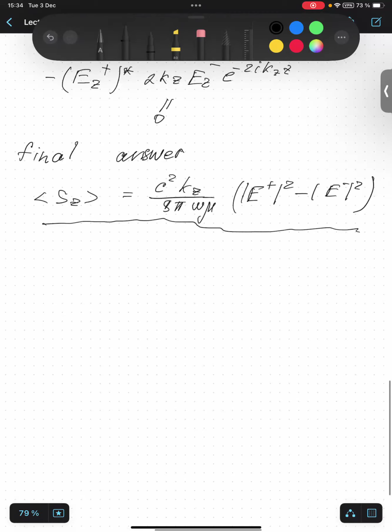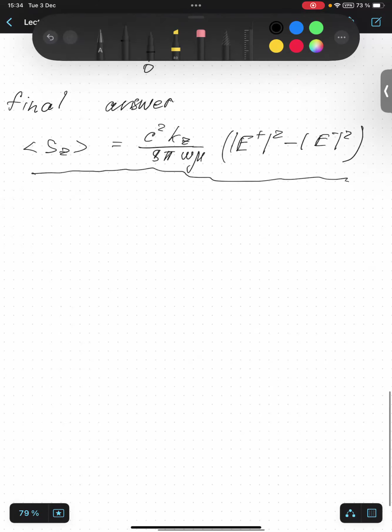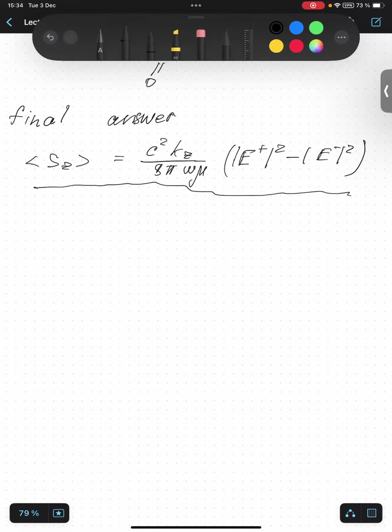But usually in this theory, people introduce these vectors of incoming and outgoing fields.